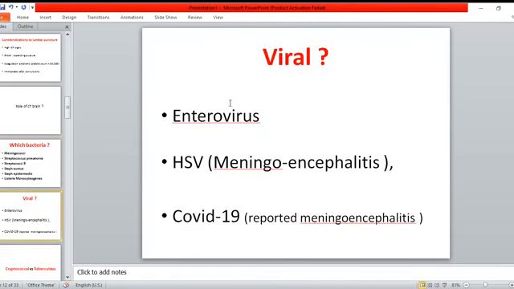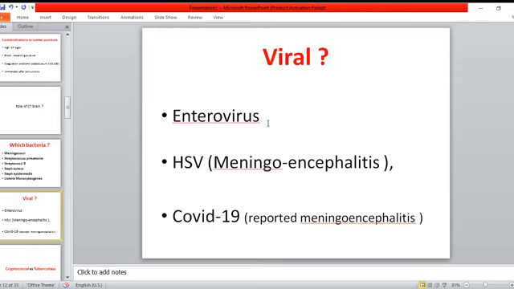Of course, the enteroviruses like Echo or Coxsackie virus are the most common cause of viral meningitis in the UK. So you have to think of any evidence of viral meningitis, that's an acute form of meningitis, maybe some forms of meningoencephalitis, and the CSF is of viral pattern.